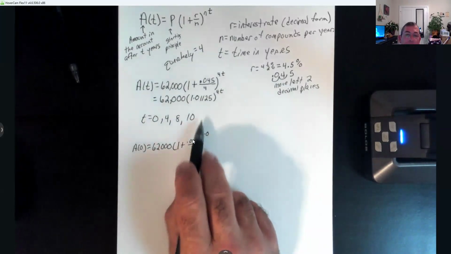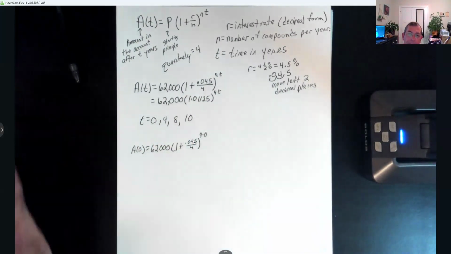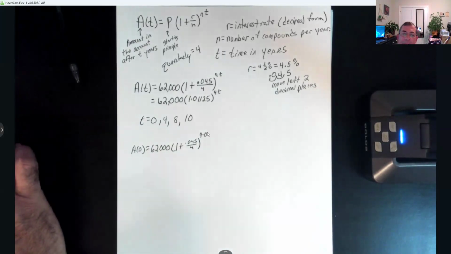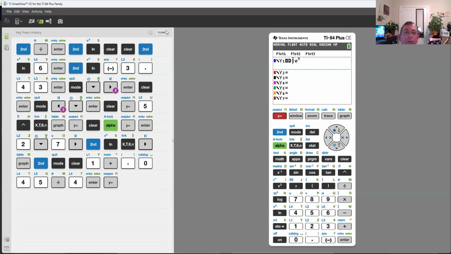So you put a 0 in for the t, and then you punch that in a calculator and see what you get. Now, since we have to do 4 values, I'm going to show y'all a quicker way to get them instead of punching these numbers in one by one. Because y'all, we have graphing calculators. So I'm going to go to y equals, clear that other one off.